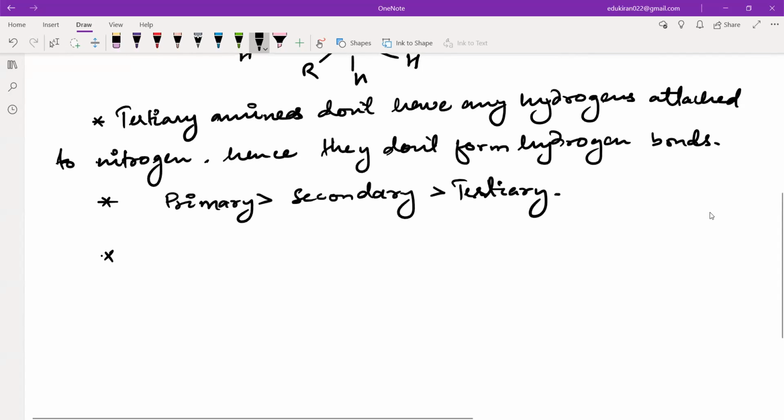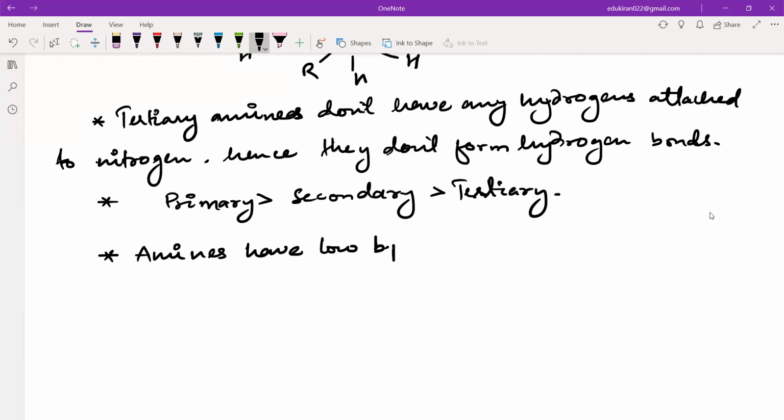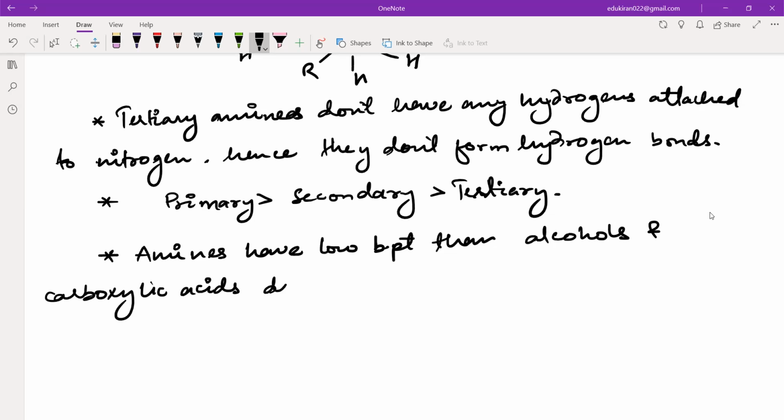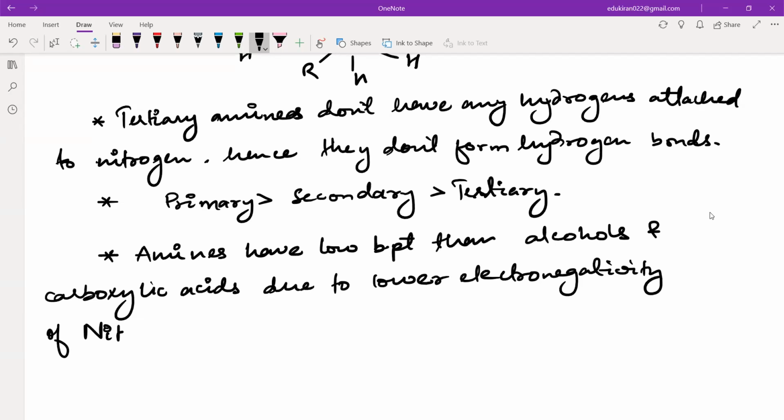Obviously amines will have a lower boiling point than alcohols and carboxylic acids, due to the lower electronegativity of nitrogen.